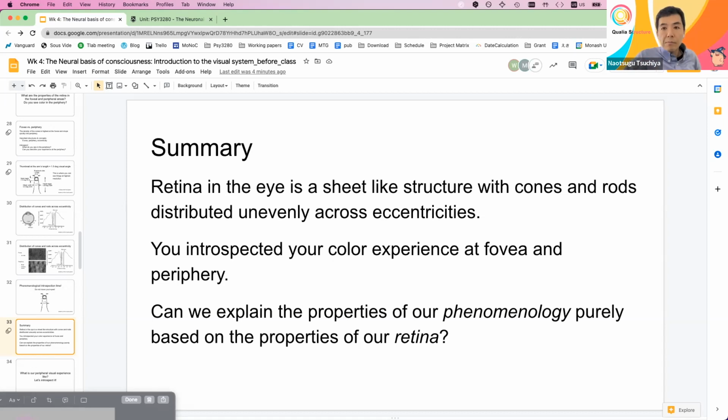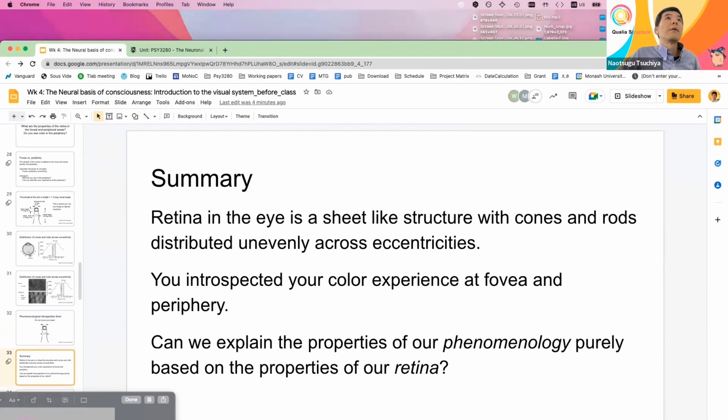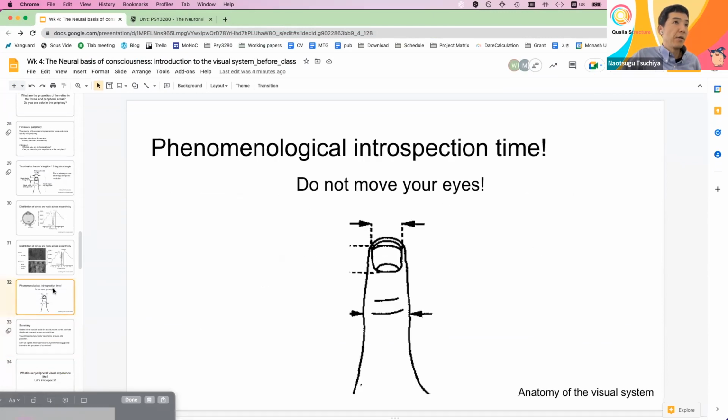Okay, so now I want you to do the demo here. Put your finger at arm's length and then adjust your distance to the display so that fingernail size corresponds to this figure, roughly speaking.